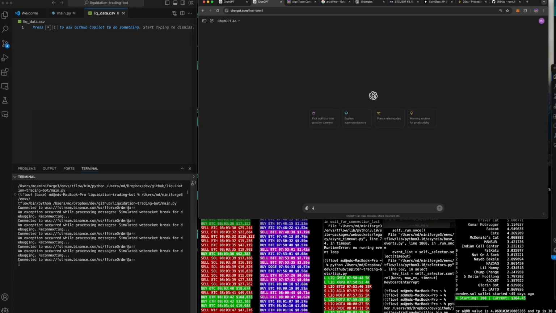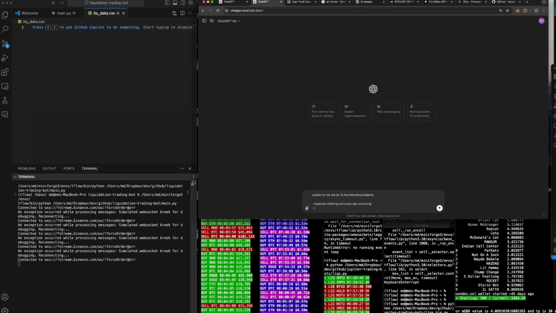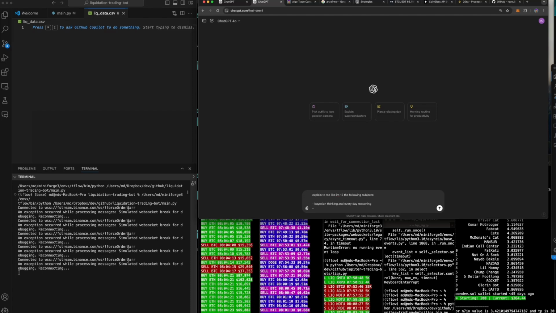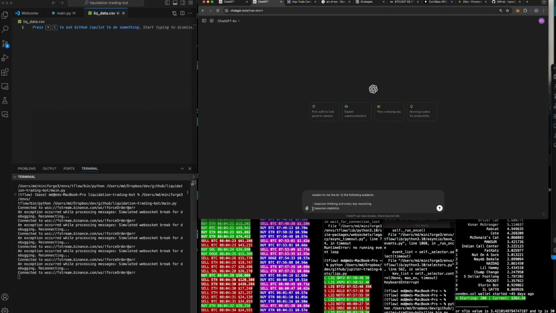So I'm going to say, explain to me like I'm 12 the following subjects: Bayesian thinking and everyday reasoning, Bayesian statistics. I'm going to put that up here. So I'm looking at the table of contents of this book, and this book, just to give them a shout out, is Bayesian Statistics the Fun Way.